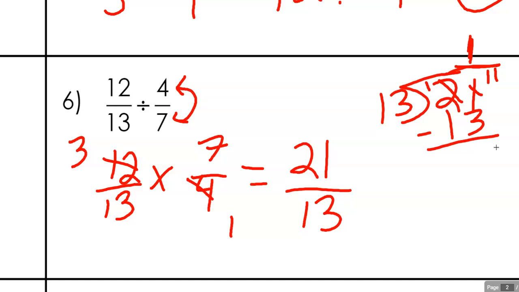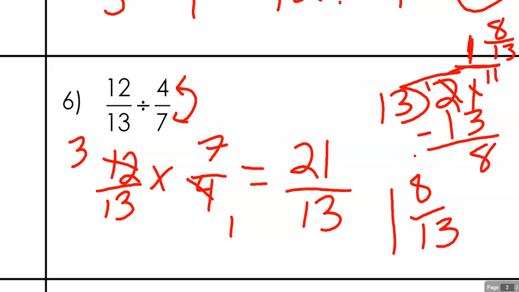That's going to be 8. 8 plus 3 is 11. So this is 8 here. Don't forget to use your fingers and your toes, okay? So remaining is going to be 8. So your remainder is your numerator. Your denominator stays the same, which is 13. So your answer here is going to be 1 and 8 over 13.